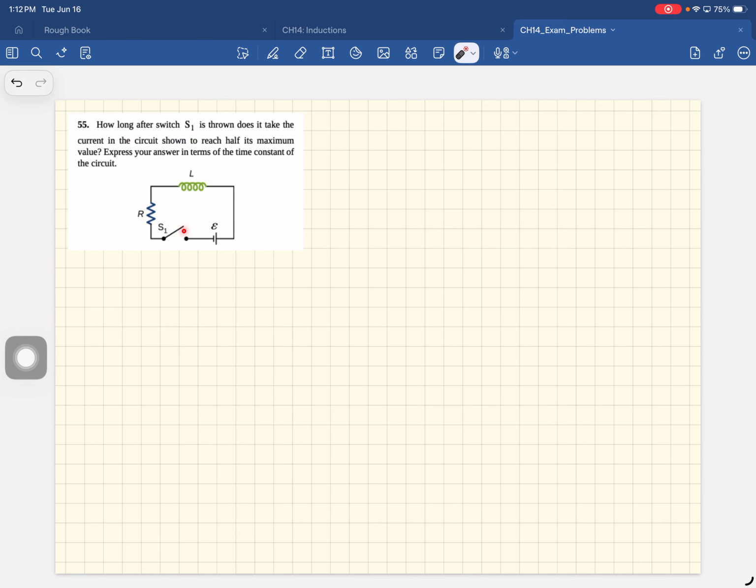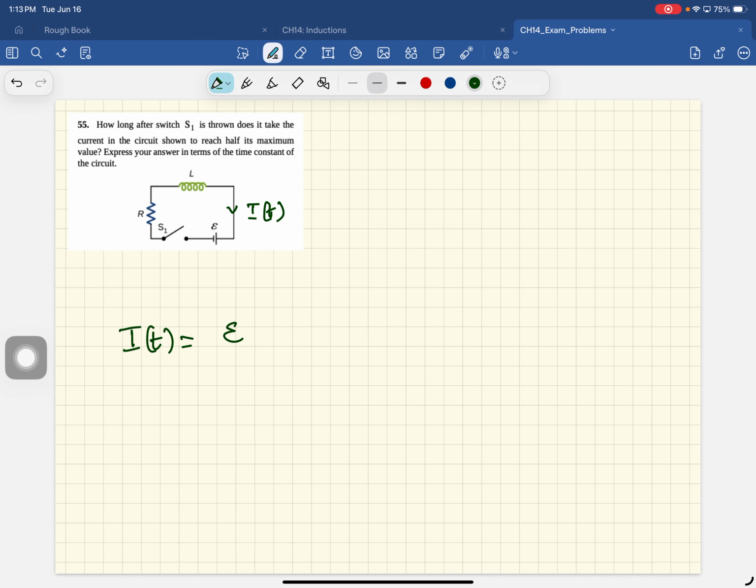So I don't have this formula on the formula sheet, so you might have to memorize that. So the time constant is 2.5 milliseconds.